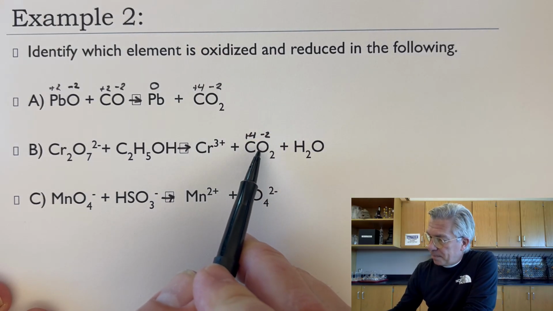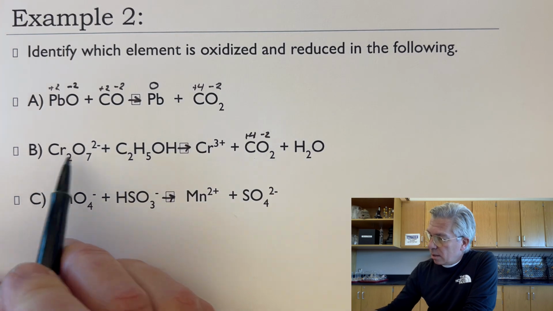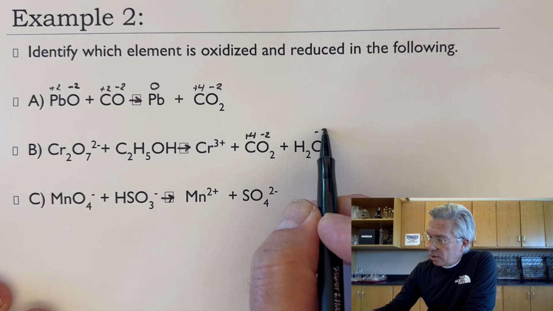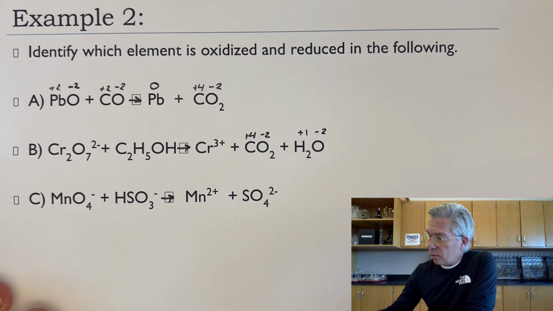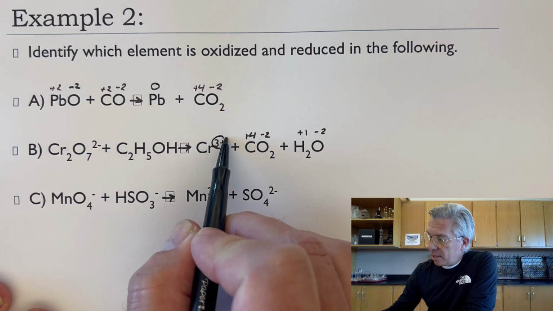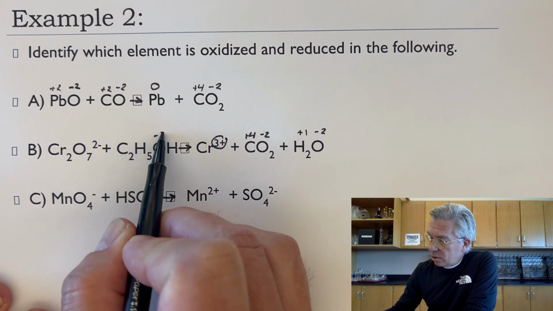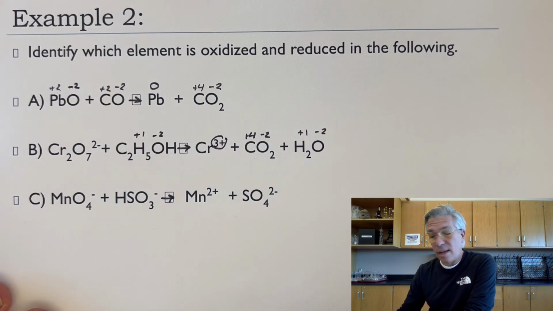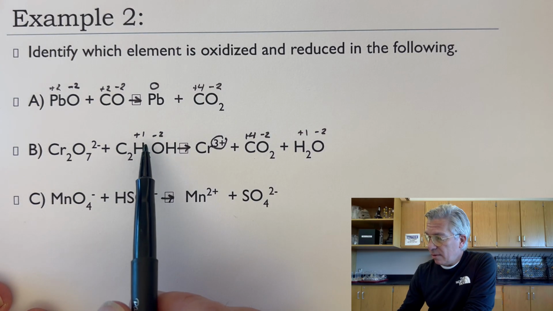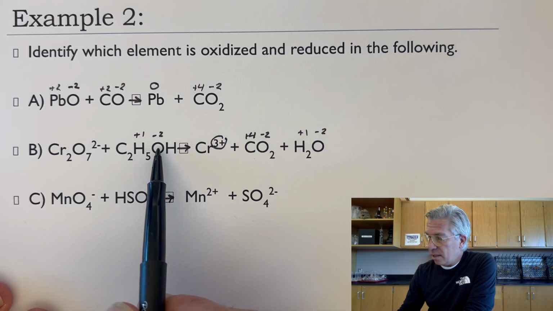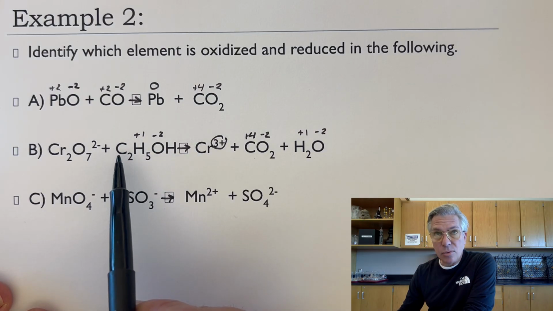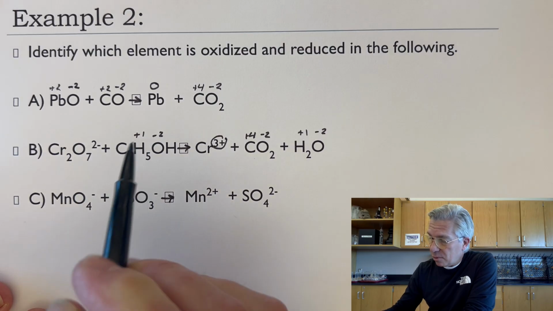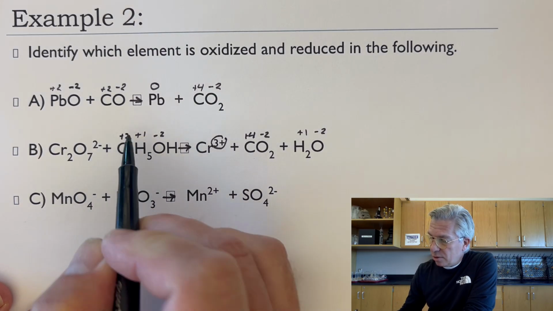All right, so I'm going to start here on the left. Oxygen's -2, hydrogen's +1. They have their rules. Chromium here is +3. Oxygen's -2, and of course the hydrogens are +1, which means carbon doesn't have a rule. But because we have 6 positives and 2 negatives, and 2 carbons have to add up to the remainder of +4, that means the carbon's +2.